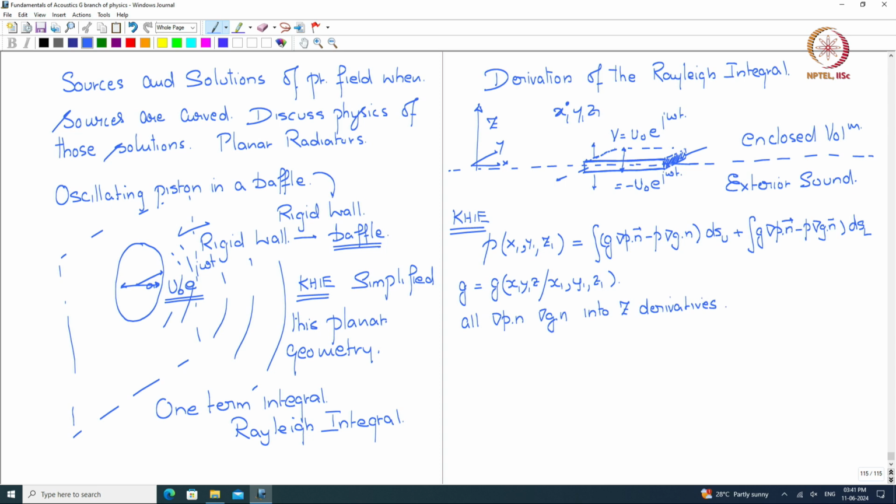We get P at x1, y1, z1 is equal to the integral. Now we are interested in exterior sound, so n points inward everywhere. So on the top surface it will point downward, in the bottom surface it will point upward.